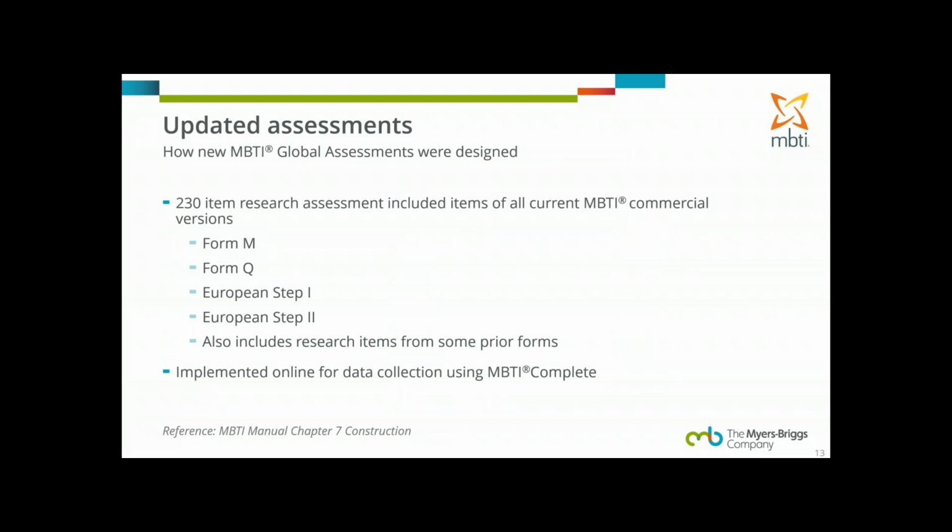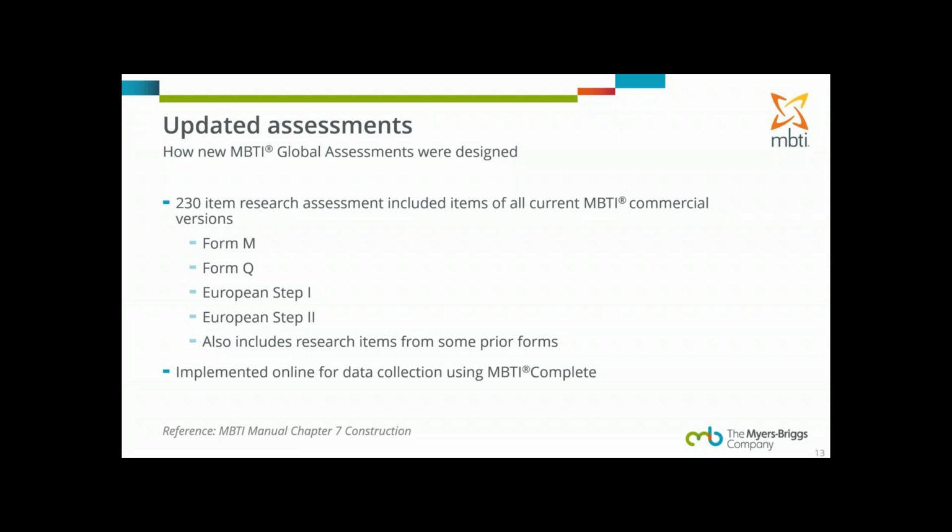And then just in terms of how we went about doing the work, we had what we called the research version of the MBTI. It had 230 items, primarily drawn from prior work on the MBTI, but it did include all of the items in the commercial Form M and Form Q, and the European Step 1 and Step 2, and a number of research items that had been experimented with on prior forms.